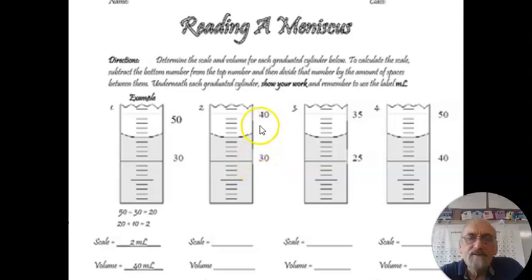So what's the scale on this one? Well, let's see. If this goes from 30 to 40, then this right in the middle must be 35. So then each one of these must be 1 milliliter, and that gives us 35.0. Here's 25 to 35. So how many are there? 1, 2, 3, 4, 5, 6, 7, 8, 9, 10. Each one is 1 milliliter. So that gives us 25, 26, 27, 28, 29, 30.